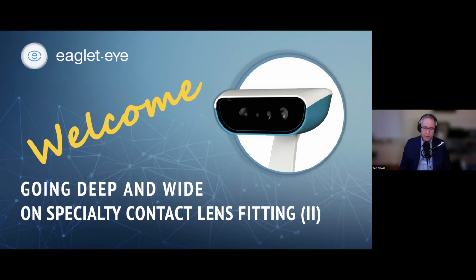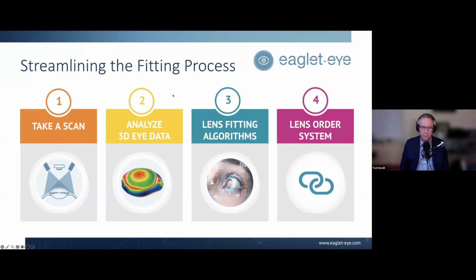So what are we trying to do at Eaglet Eye? Very briefly, because we don't want to spend a lot of time on our technology. We want to get to cases. But just to let you know what we're trying to do, it's more than just having a piece of hardware. We are trying to streamline the fitting process where we help somebody take a scan and get good images. Then we want to help you analyze that data quickly.